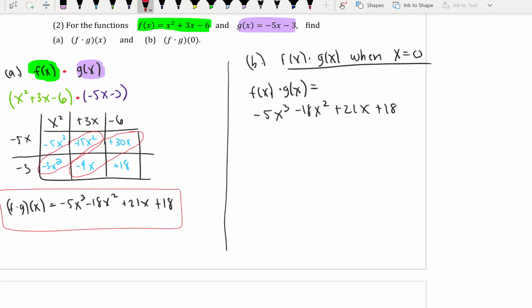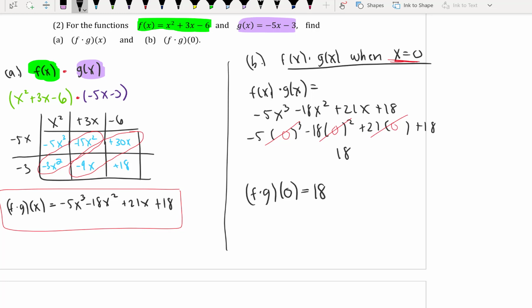So when they tell us x is equal to 0, well, I have a negative 5 minus 18 plus 21, and I'm plugging in a 0. If I'm plugging in 0, 0 times anything is just 0. So I end up getting that this is equal to a positive 18. So now I can say that f times g with respect to 0 is equal to a positive 18. That ends up becoming my final answer.